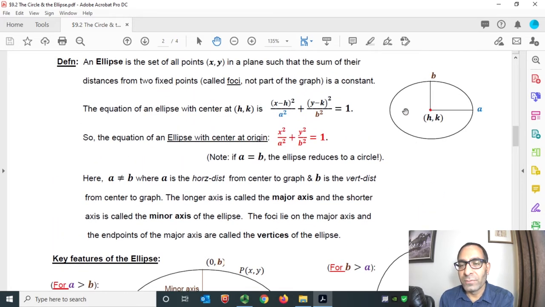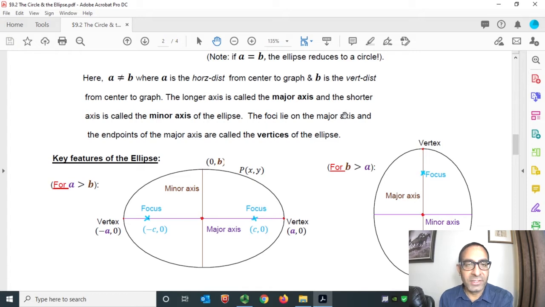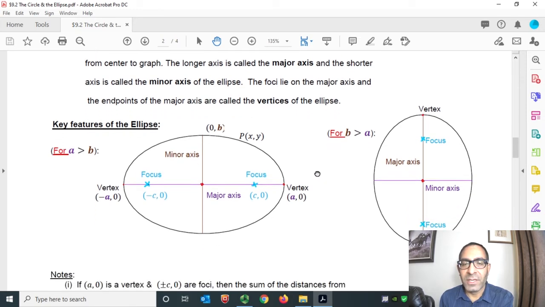So here, this side is longer, so this is the major axis, and this side is shorter, so this is called the minor axis. The foci lie on the major axis, and the endpoints of the major axis are called the vertices of the ellipse. So now let me visualize the key features of the ellipse here.